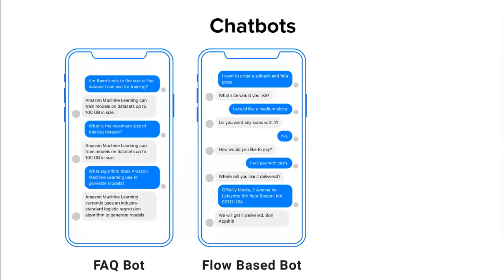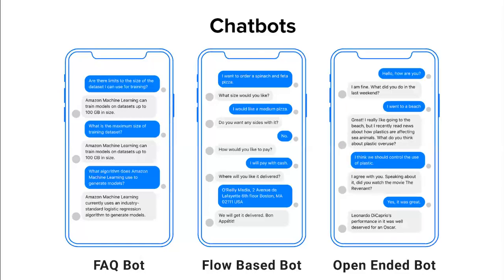The third kind of bots are relatively more complex, open-ended bots, which are expected to be capable of holding a conversation with you on any topic, like a human. So in this chapter, we talk about each of them in detail, discussing the existing solutions for these and how to use them to build your own solutions for your own problem scenario.